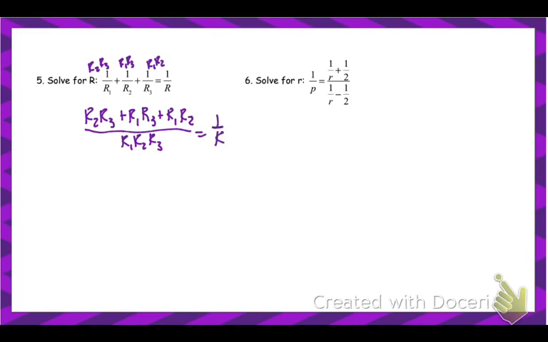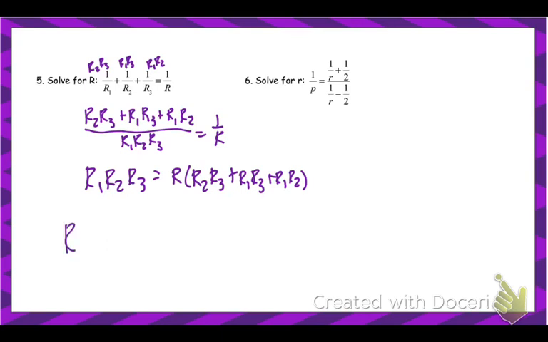So then at this point, we can go ahead and cross multiply. So I get R1 R2 R3 is equal to R times R2 R3 plus R1 R3 plus R1 R2. So really messy, lots of variables that look the same but are actually different. Then all we gotta do is divide.